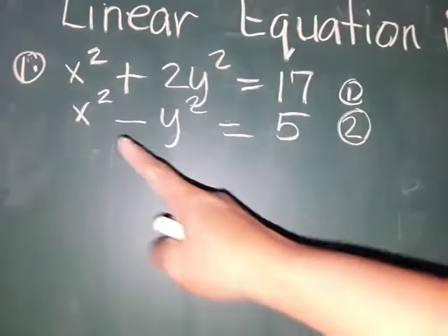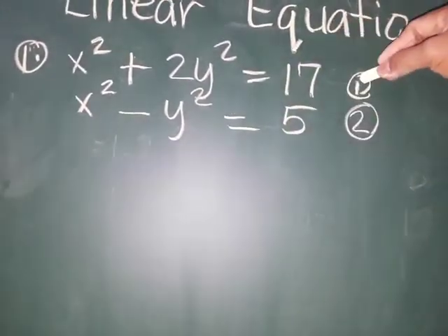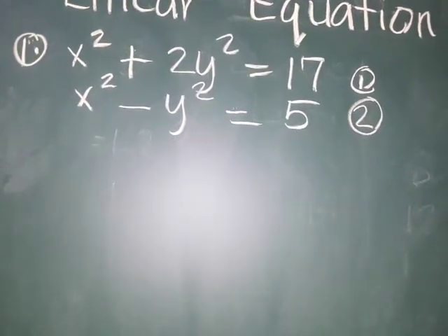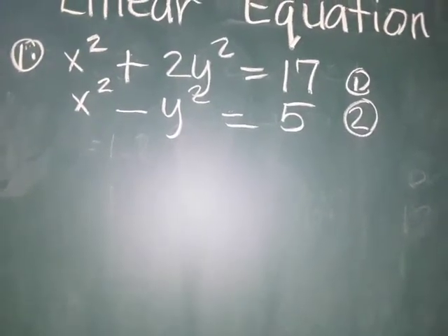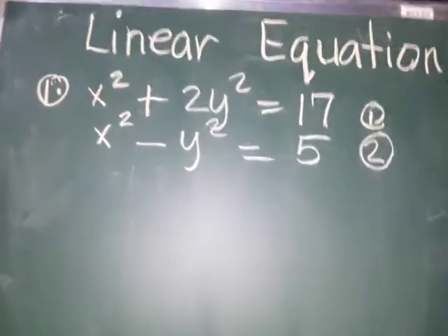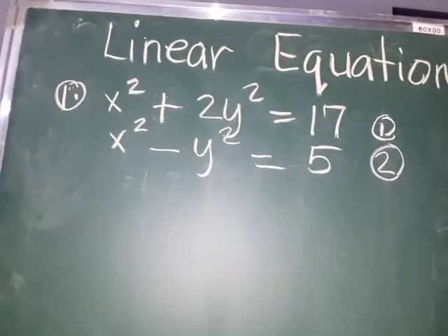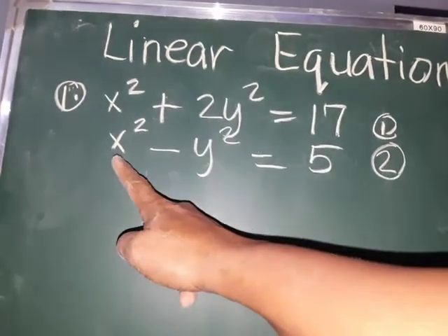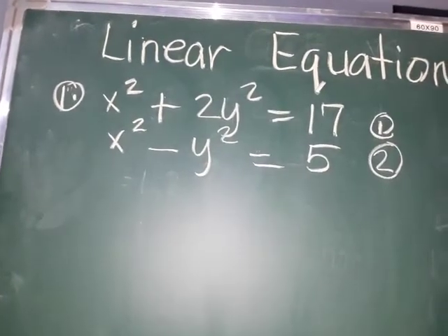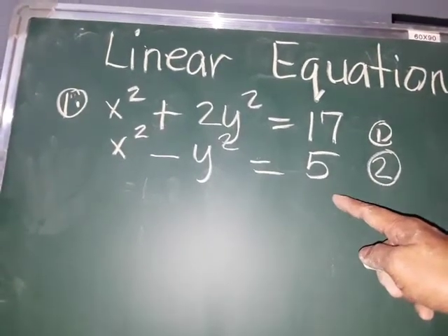Next, look for any of these terms which one is easiest to cancel. When we say elimination, it's more on cancellation. So let's remove x or let's remove y. I will choose equation number 2.